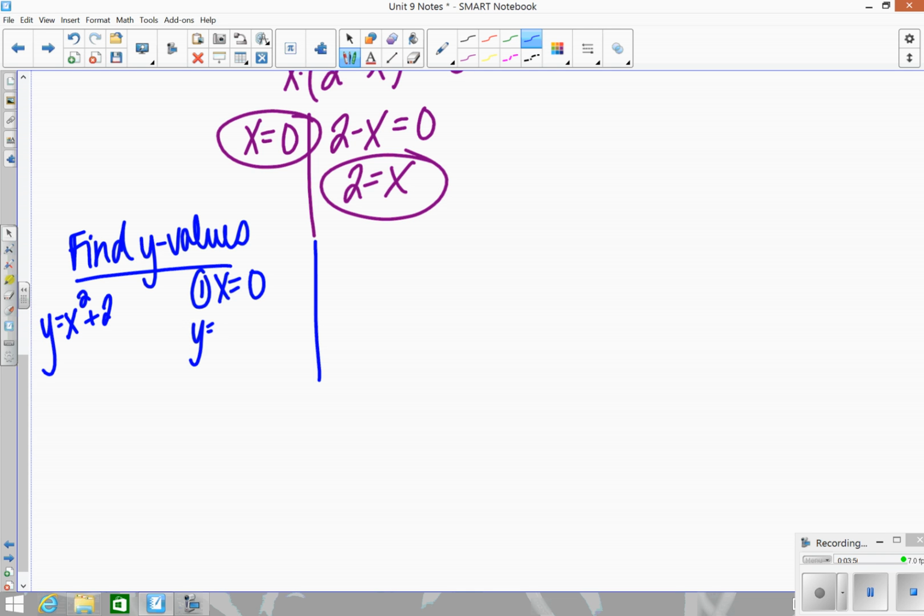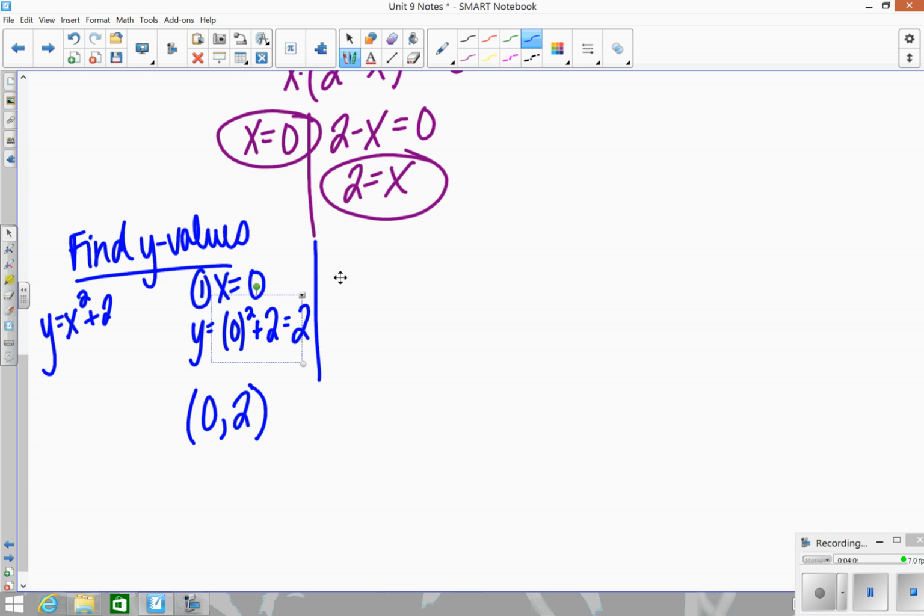So y equals, plugging in 0, we get 2. So one of our solutions is the ordered pair (0, 2), and you do need to write these as solutions, because if I plug in 0, you need to know what y value corresponds to that. So (0, 2) is one of them.